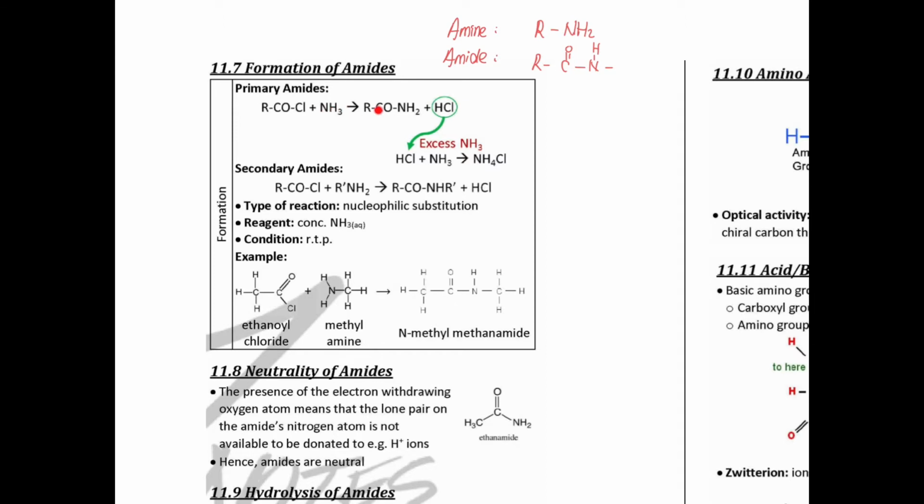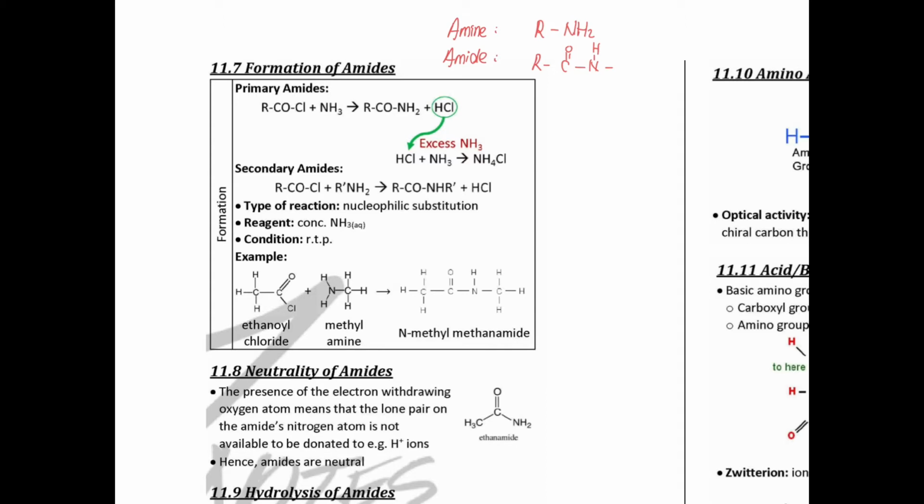The nucleophile will form a new bond with the carbon of the CO here. So they form RCONH2. This is primary amide. And the HCl may further react with the excess NH3. You know HCl is acid, NH3 is base, so they will further react to form ammonium chloride.